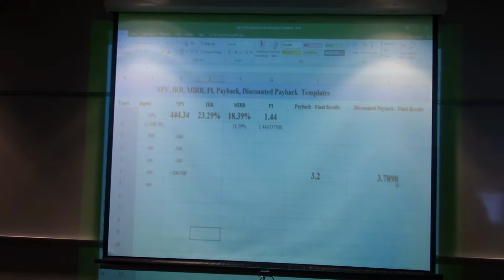So the discount payback is difficult. Did anybody get 3.78? So this is payback, 3.2. This is right. Now let's do the discount payback.